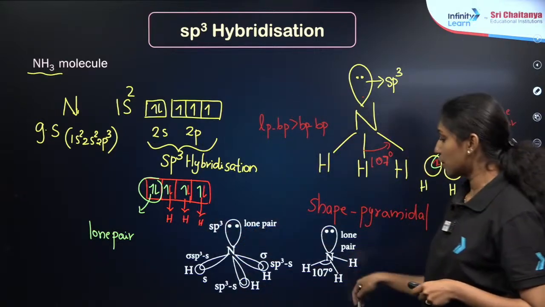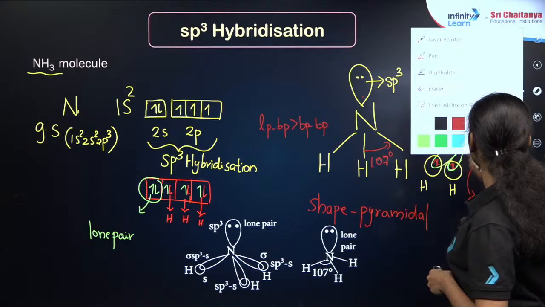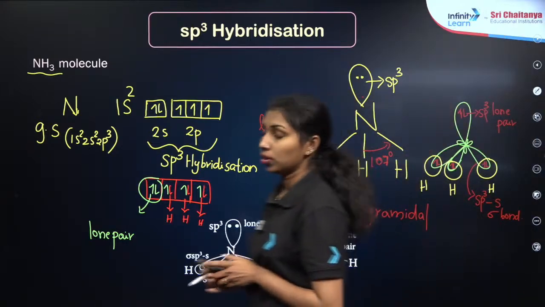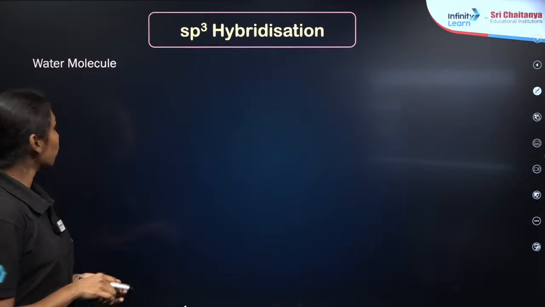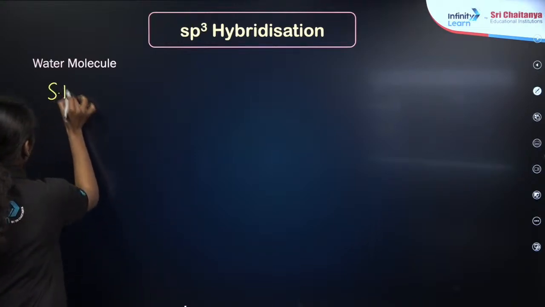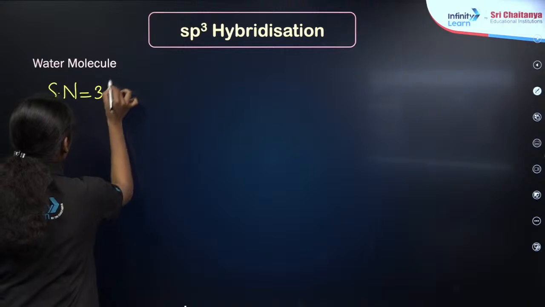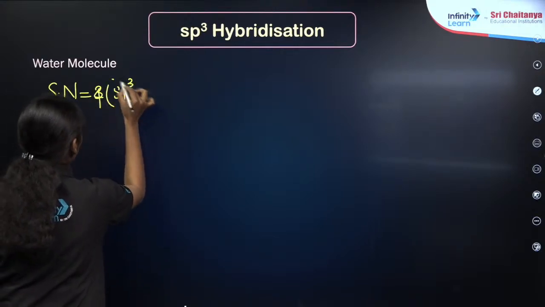Okay, this will be the structure of NH3 molecule along with its lone pair. The second case is the water molecule. Again, while calculating the steric number, you will get steric number equal to 4, that is equal to sp3 hybridization.